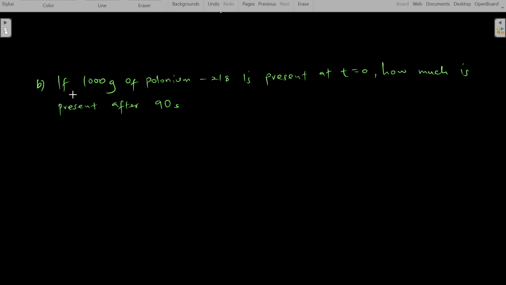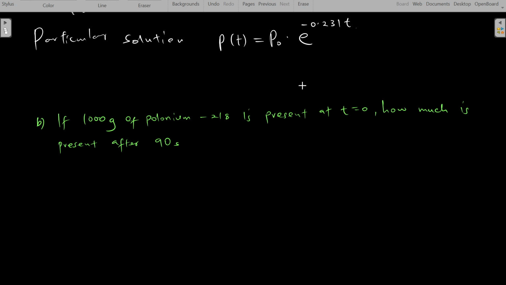It's saying if 1,000 grams of polonium is present when time equals 0, how much is present after 90 seconds? For this case, this is our initial amount, which is P0. Taking our particular solution, P of t equals P0 multiplied by e raised to negative 0.231 t.